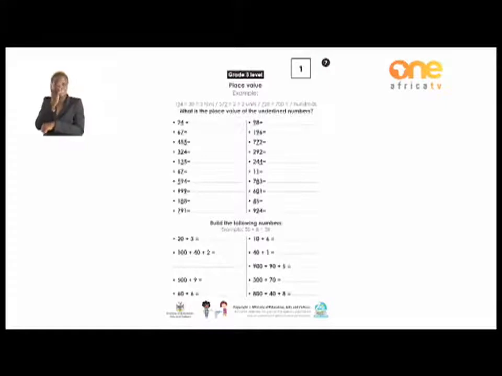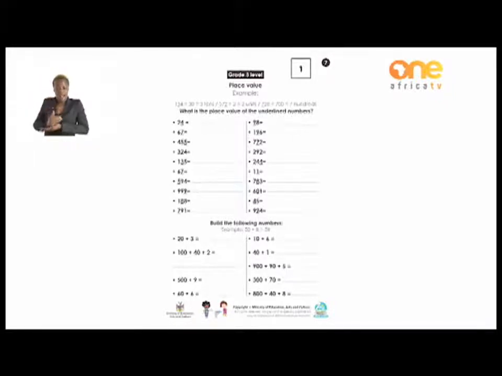The 7 is underlined, but what place value is that? It's at the units, so you write units there. All right, and I would like you to complete the rest of the activities by writing the correct place values next to each number. Down there below, we have to build the numbers.